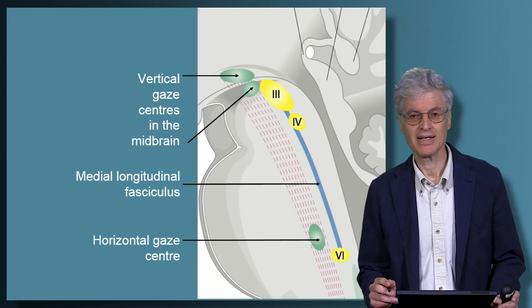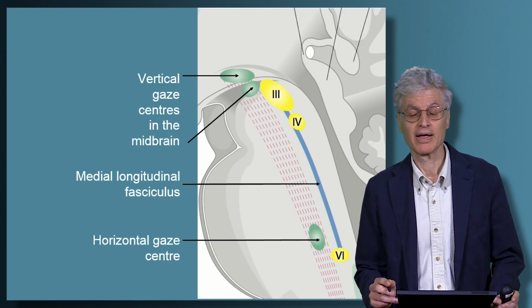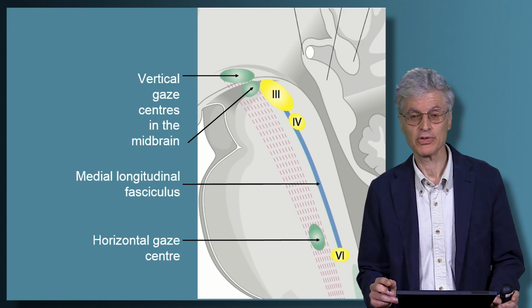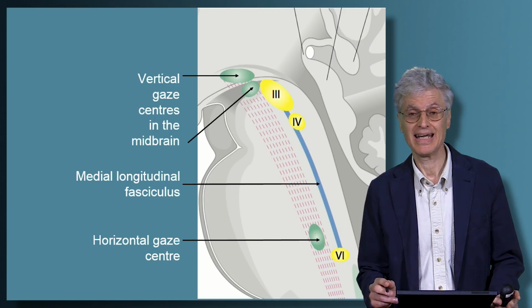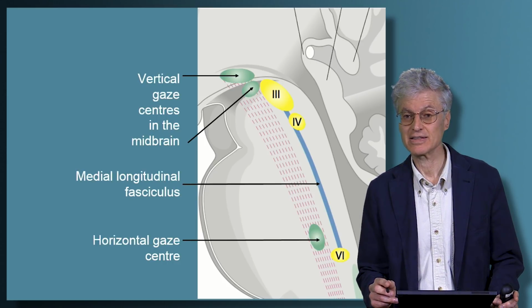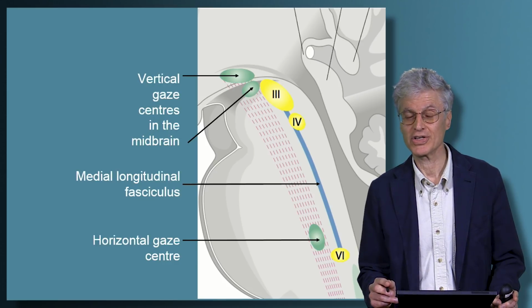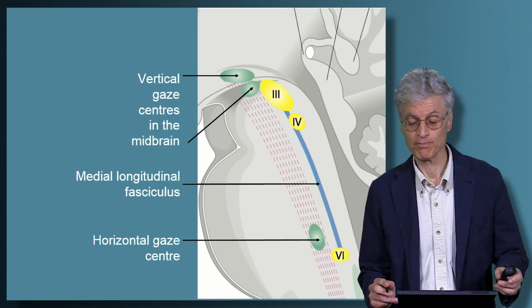And in between, that blue line is a white matter fiber tract along both sides of the midline in the brainstem, the medial longitudinal fasciculus, connecting the 6th cranial nerve nucleus to the 3rd cranial nerve nucleus to yoke the eye movements together to produce conjugate eye movements horizontally, which you'll see momentarily.